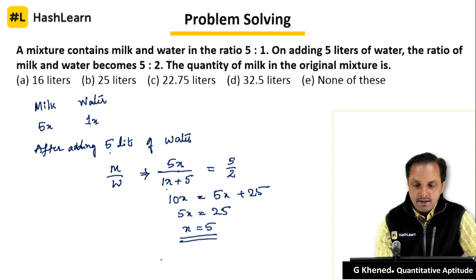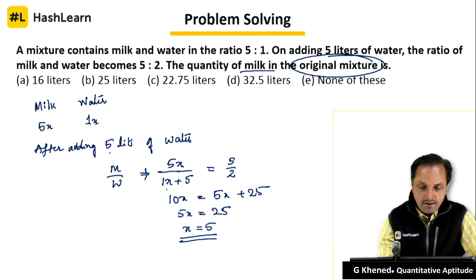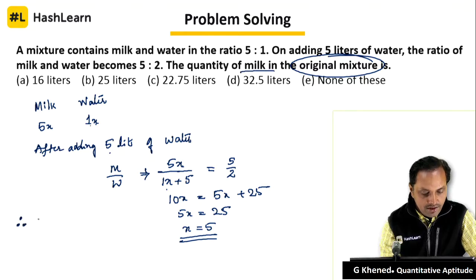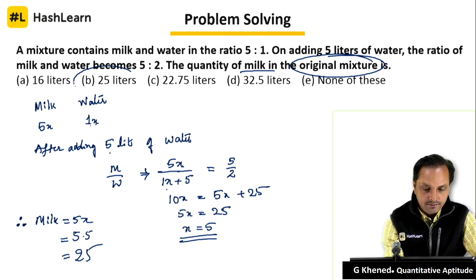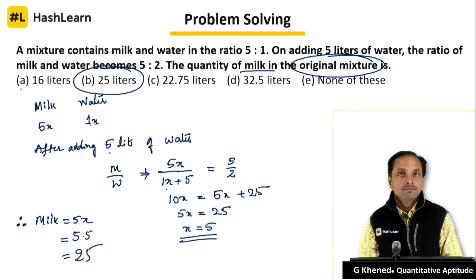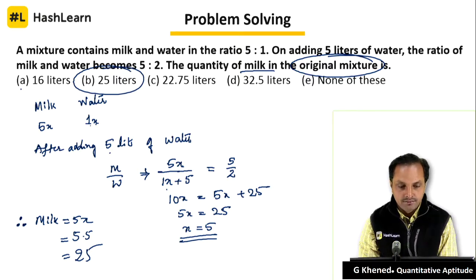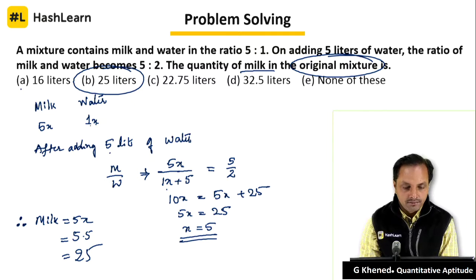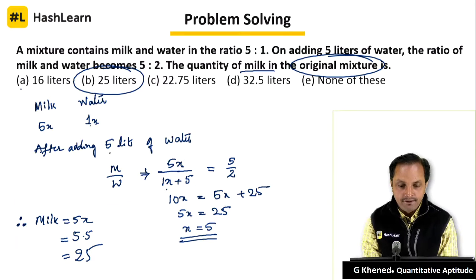The question is, what is the quantity of the milk in the original mixture? Originally the milk was 5x, 5 into 5 which is 25. Is it in the option? Yes. Okay, fine.